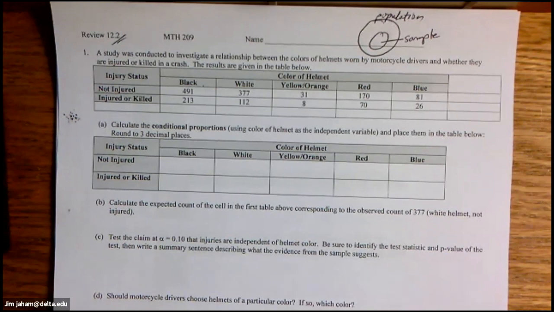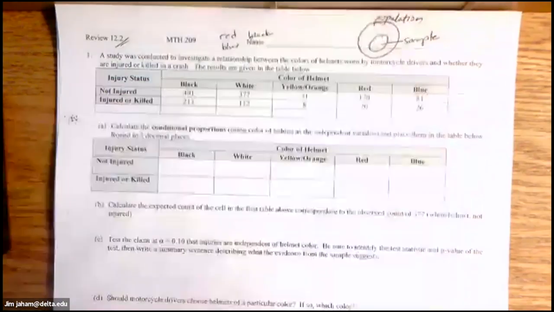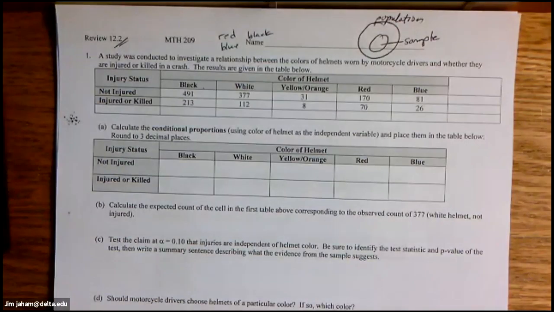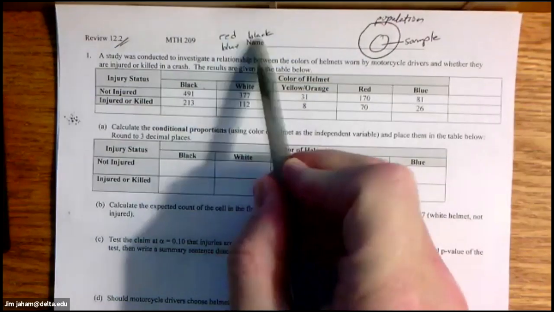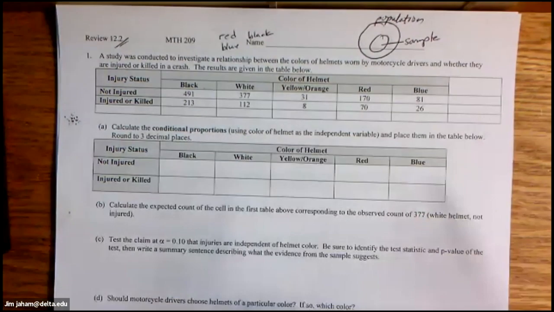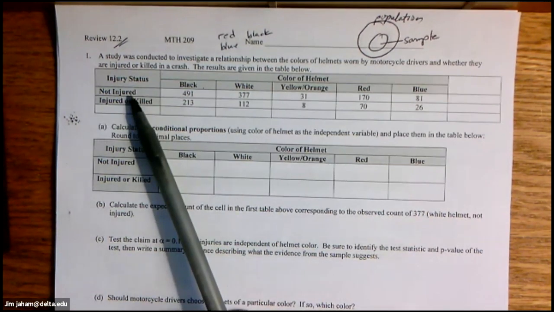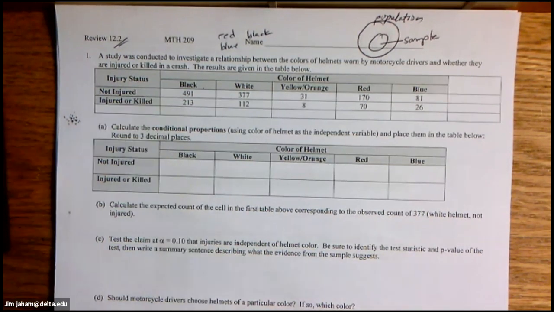What was the color of the helmet? Red, blue, black, and so on. When someone responds with the color of a helmet like this, these are not numbers. And the other thing is the injury status. So was the individual injured or not?